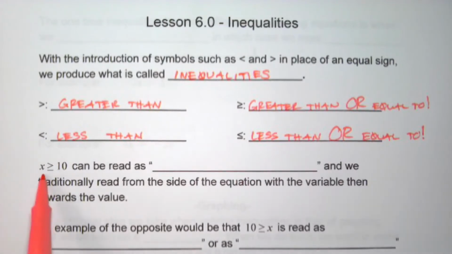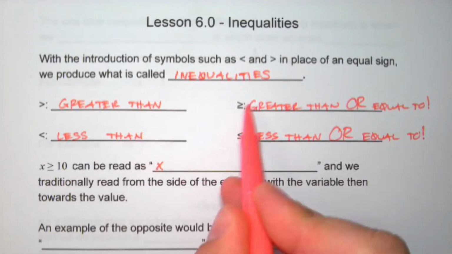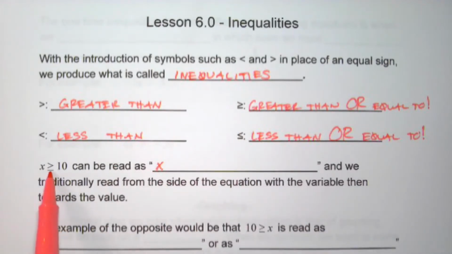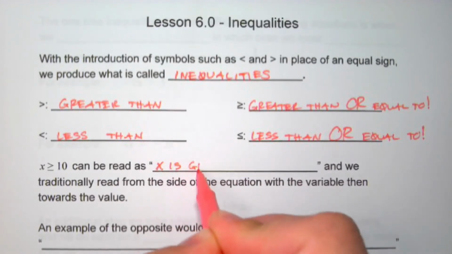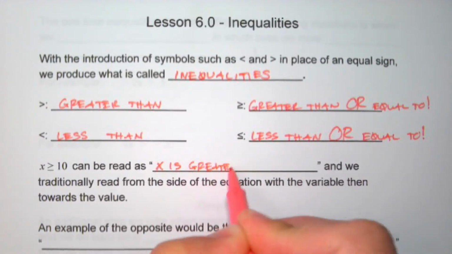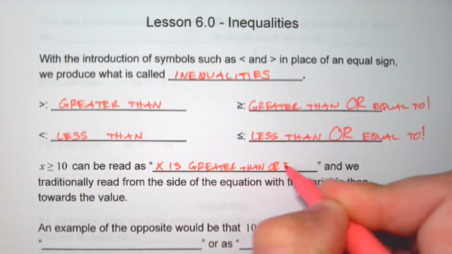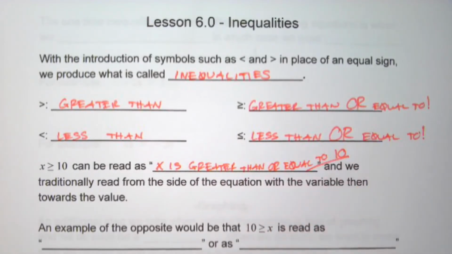So, for example, this one we would say some number x or some variable x, and then we find the symbol above, we see that it matches with this, so x is greater than or equal to the number 10.